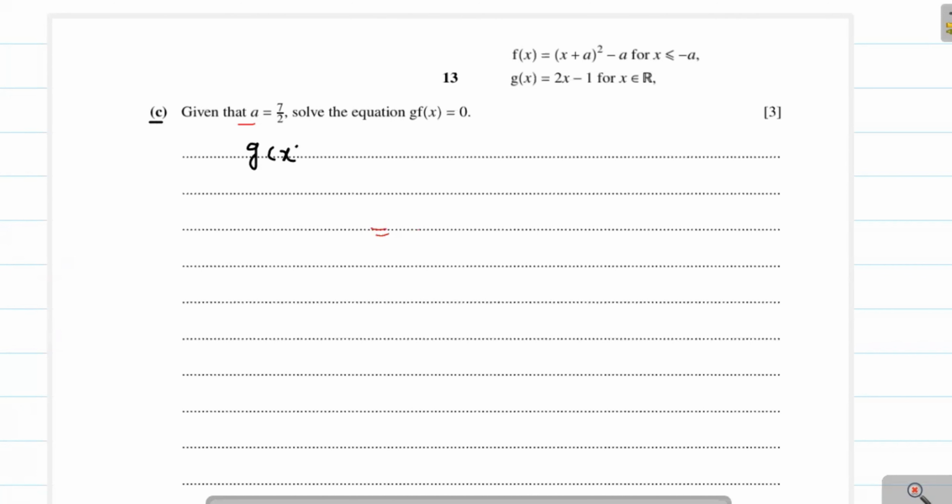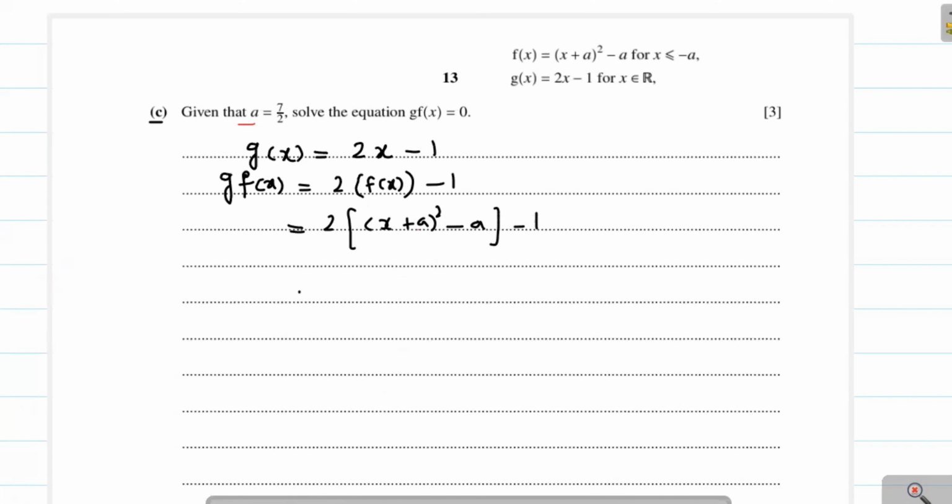You see here g of x function is equal to 2x minus 1, and therefore g of f of x will be equal to 2 into f of x minus 1, and we can write it as 2 into (x plus a) whole squared minus a, minus 1, and we can write it 2 into x squared plus 2ax plus a squared, and minus a is written as it is, minus 1.